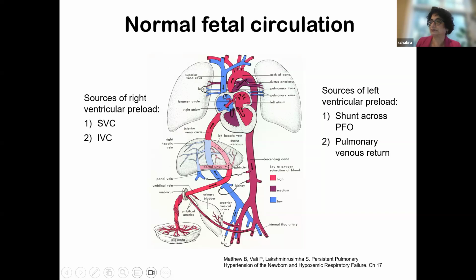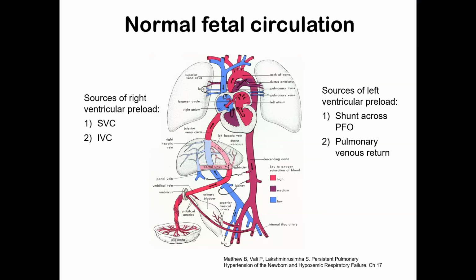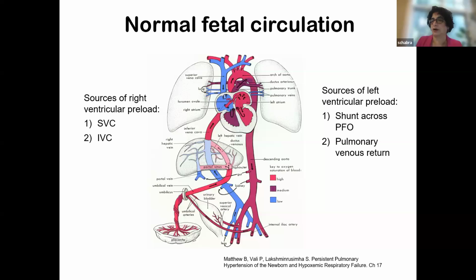Additionally, the deoxygenated blood returning to the heart via the SVC is preferentially streamed to enter the right ventricle and then through the pulmonary artery to the aorta, which is a right to left shunt across the ductus arteriosus to the placenta and to perfuse the lower part of the body.